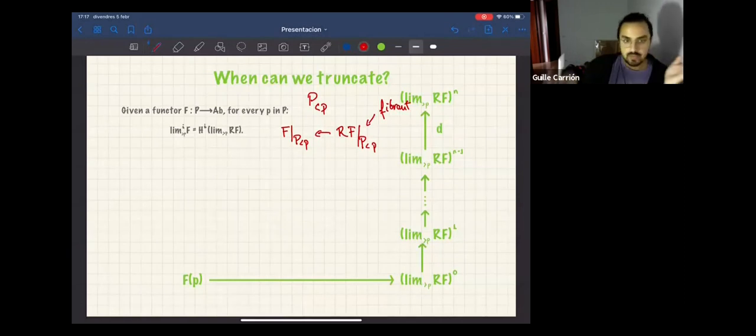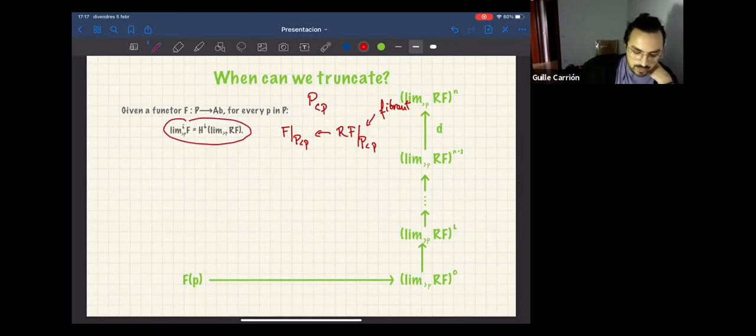Then by the proposition, I think it was the first or second proposition, this is the way to compute the higher limit.